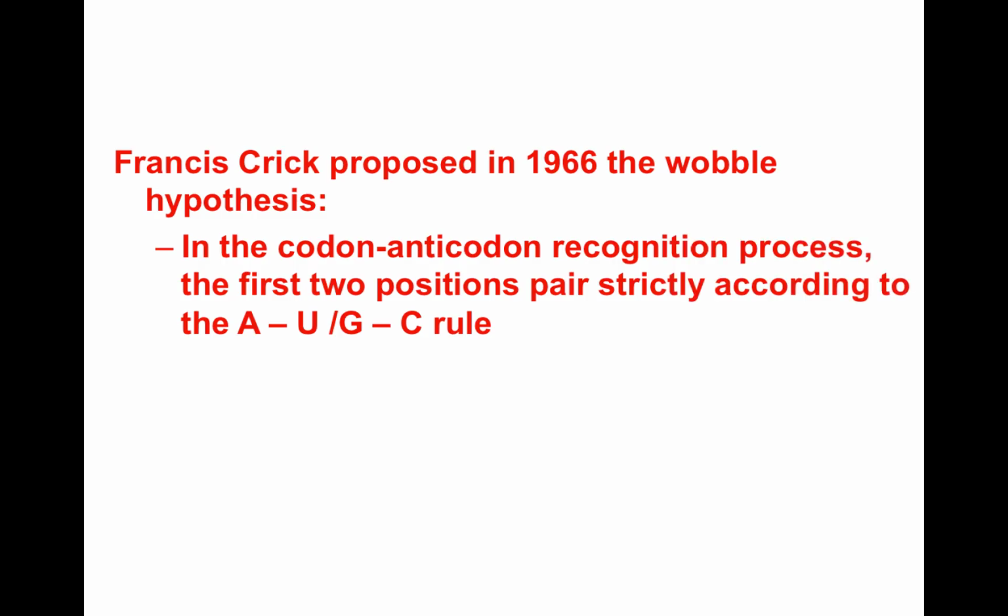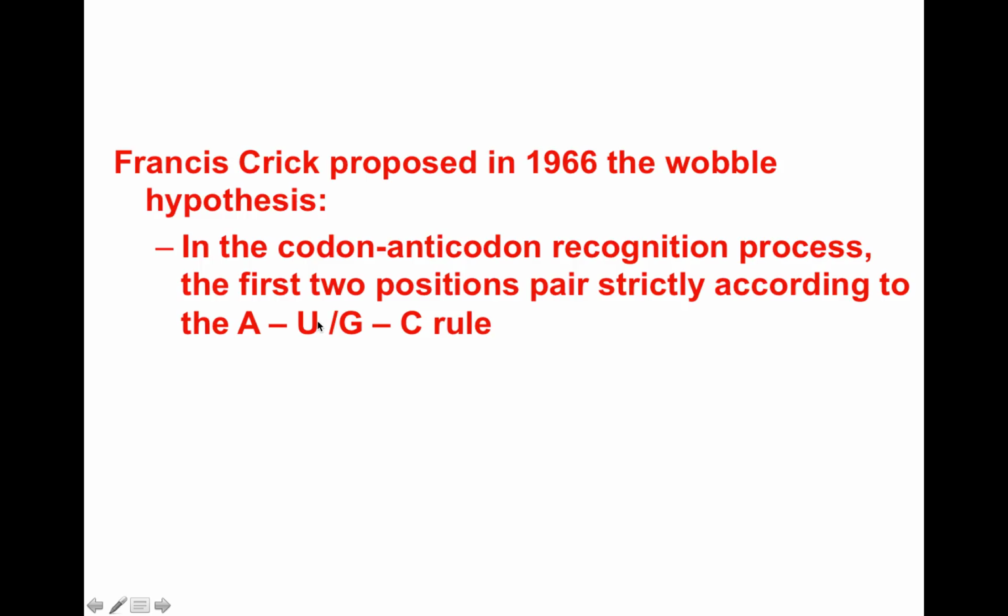This is an idiosyncrasy of the genetic code that Francis Crick recognized after the genetic code was published in 1966. In the codon-anticodon recognition process, the first 2 positions pair strictly according to the AUGC rule.